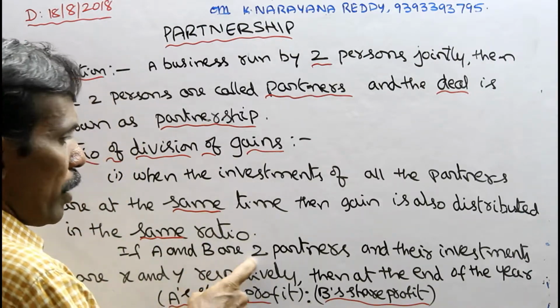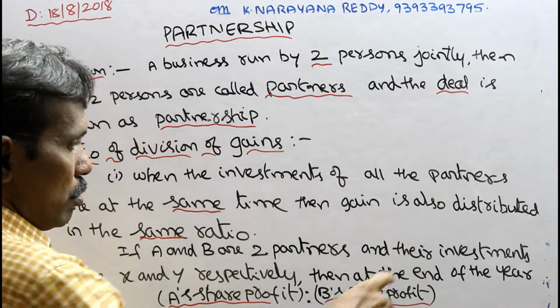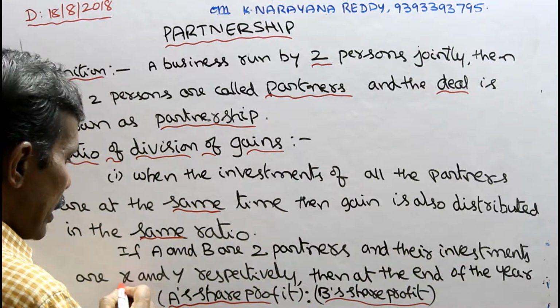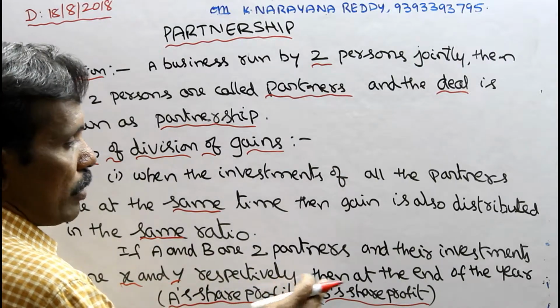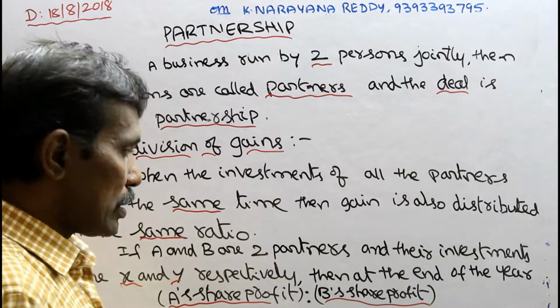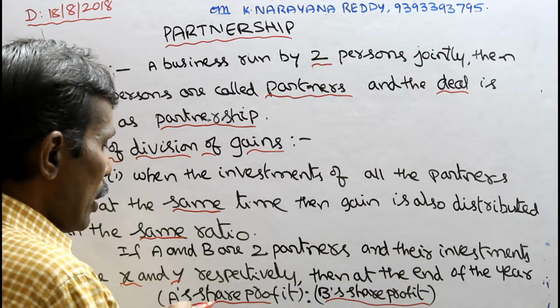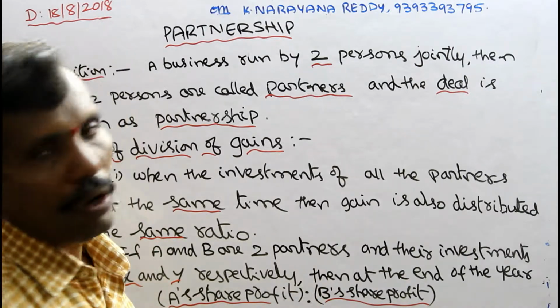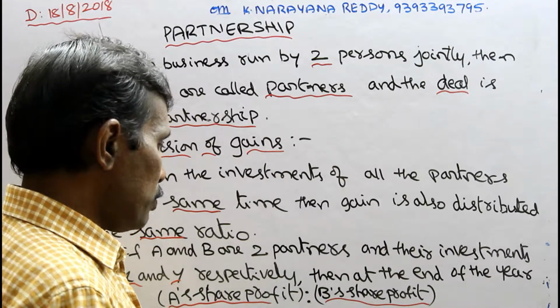If A and B are two partners, for example, their investments are X and Y respectively. Then at the end of the year, A's share of profit is to B's share of profit in that ratio.